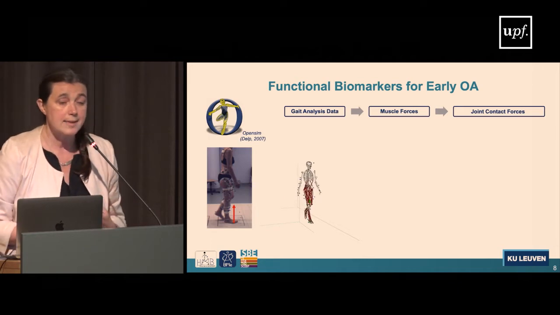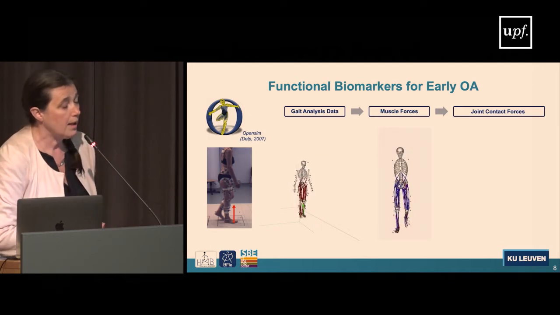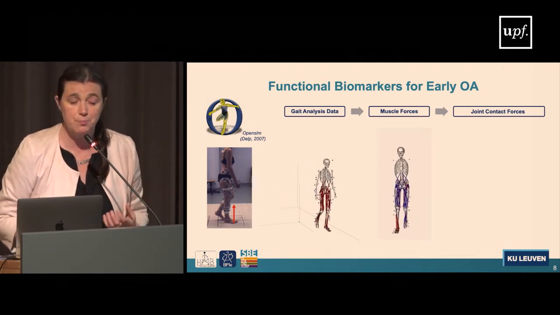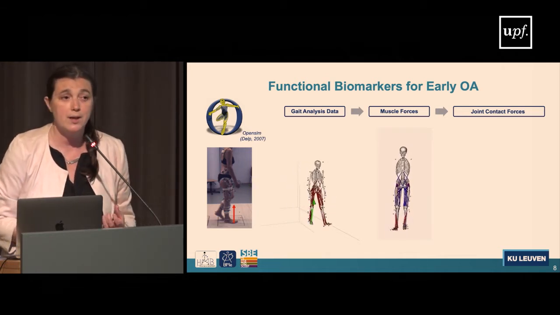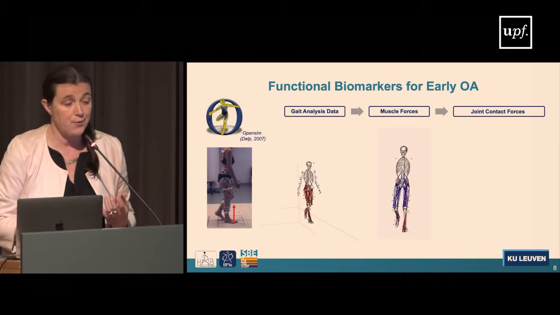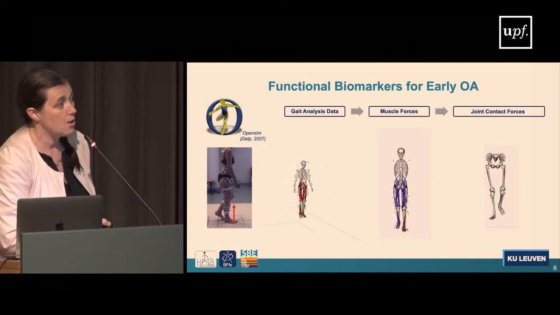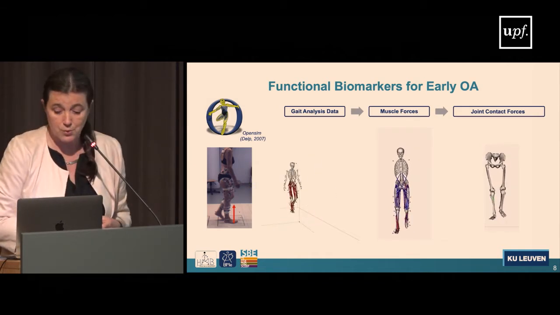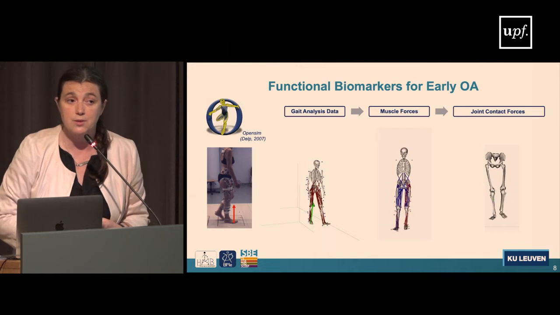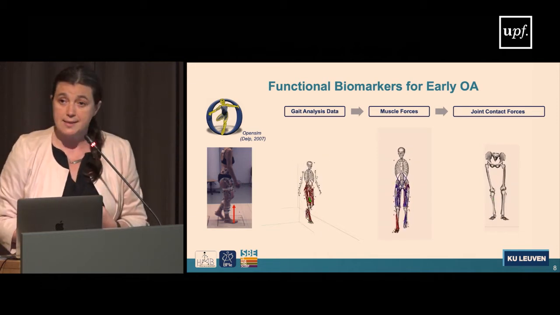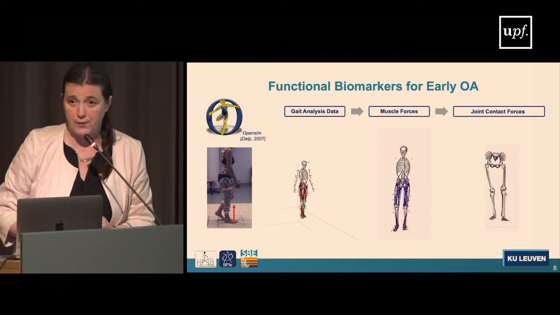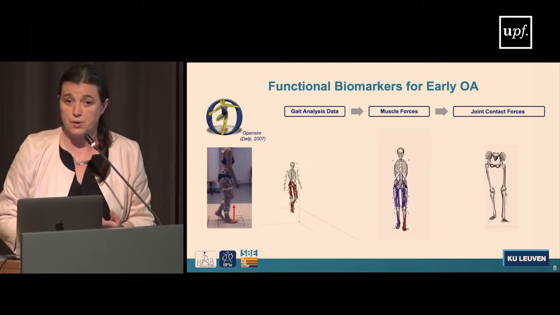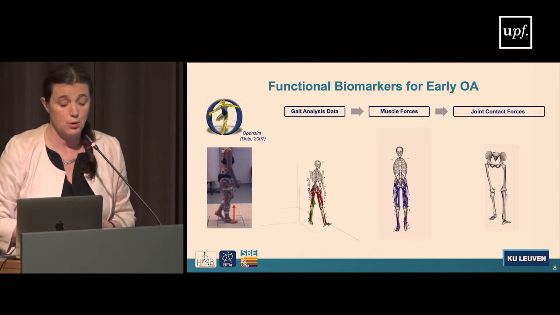But then we go one step further, and we solve the muscle force distribution in the lower limb. So we calculate for the different muscles in the different planes what their contribution is to the movement, and from that we can then estimate what the contact forces are in the joint, as indicated by the green arrow that is pointing downwards in the joint. So from that we have a good estimate, not only of the effect of the contact with the ground, but we can also account for the muscles that are acting across the joint and that are also contributing to the joint loading.